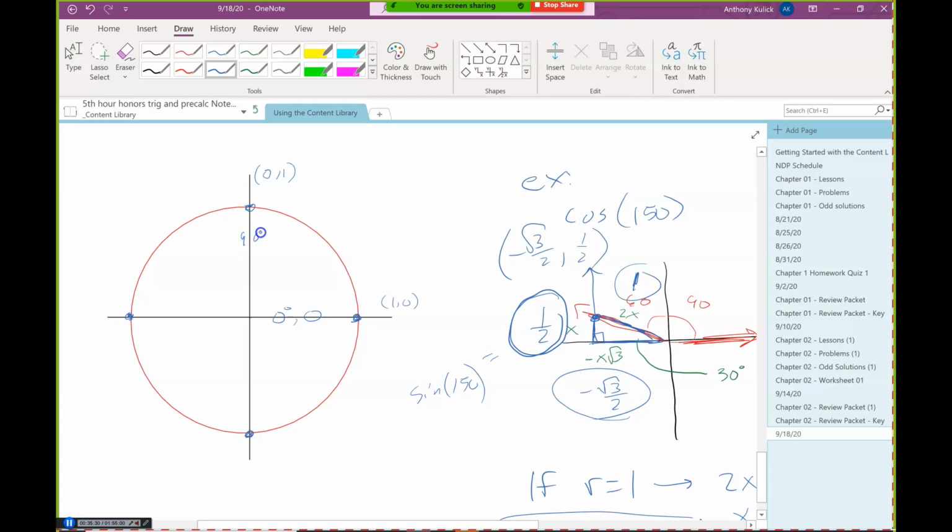This is 90 degrees, or pi over 2 radians. And the point to the left is -1, 0. Good. So this is 180 degrees, or pi radians.